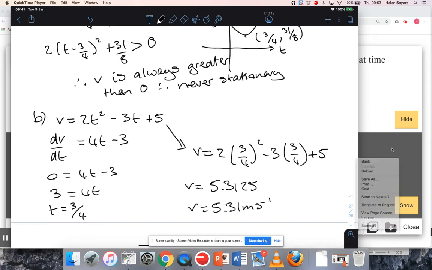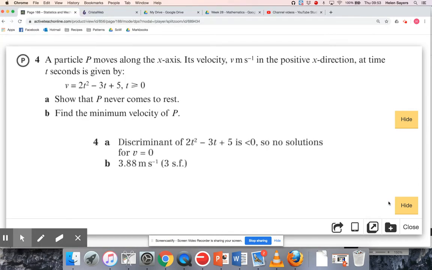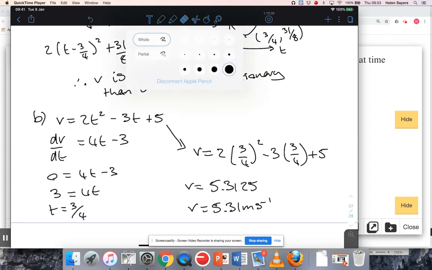Let's just double check. Oh, I didn't type that into my calculator correctly. Sorry, let's just really quickly check that that wasn't just a calculator error. Yes, it was. I put plus instead of times. So scrap that.